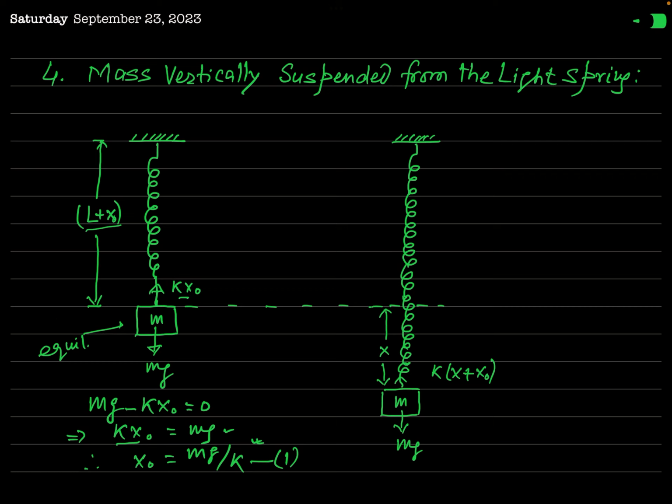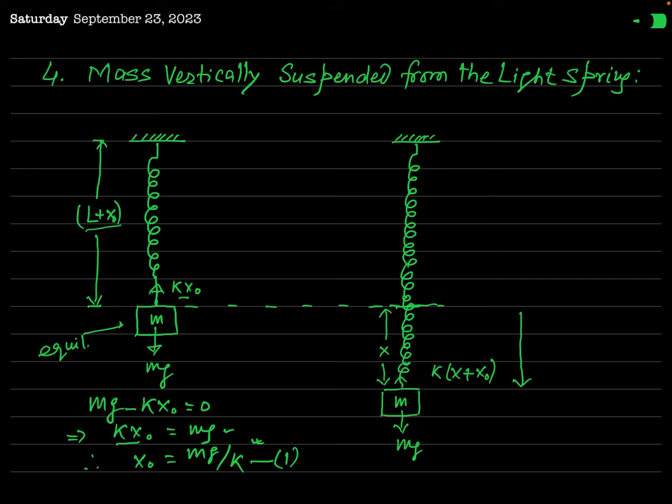Now, if from this equilibrium position this block is displaced in the downward direction, or moved up, anything can be done, then what will happen? Let us consider that from this equilibrium position, which I have marked by this dotted line, the block is further depressed by x and released.